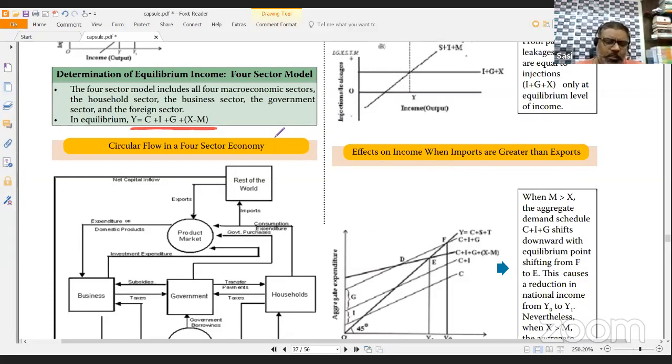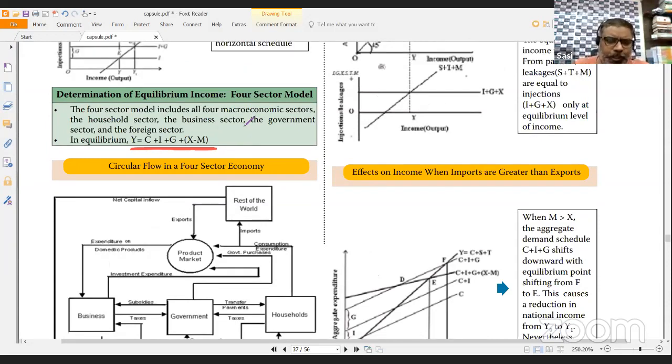So when the external sector is included, it is C plus I plus G plus X minus M. So in other words, the total of the national income is simply the consumption expenditure of households, investment of businesses, government expenditure, plus exports, minus imports. That's what is the circular flow in a four sector economy.